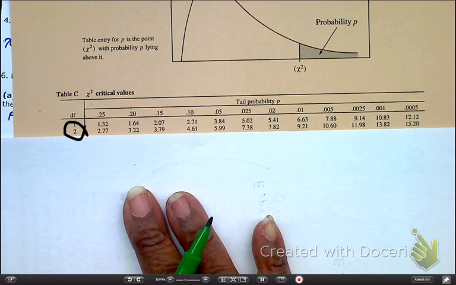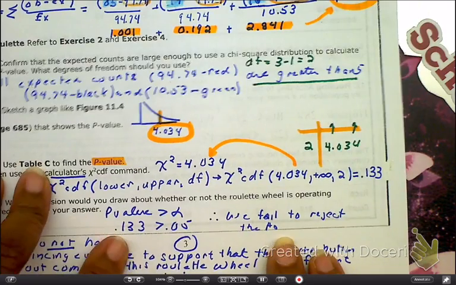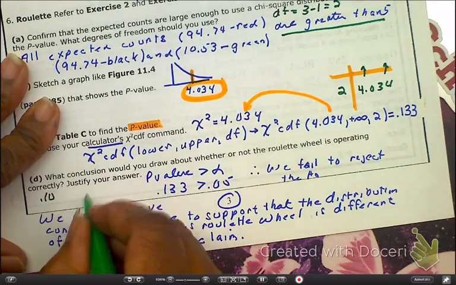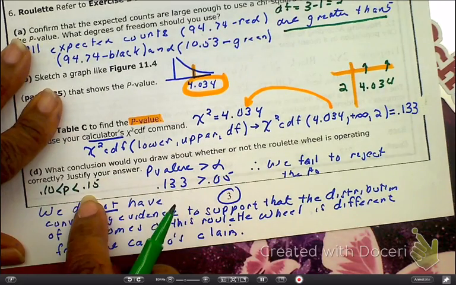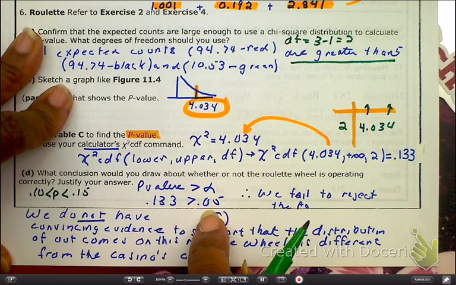Then we are looking for the value of 4.03, which is going to be in here somewhere. So we can see that it's going to be between 10% and 15%, without using the table. But if we use chi CDF, we have this.